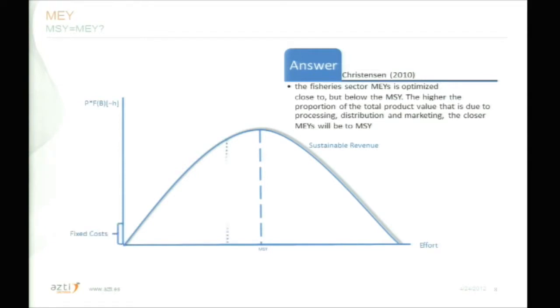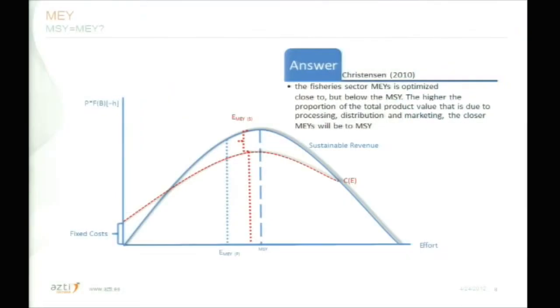So the idea of this Christensen's paper is that at the end, if you include all these costs and all these values obtained from this processing, distribution and marketing, the MEY will be closer to the MSY, like you can see in this chart.